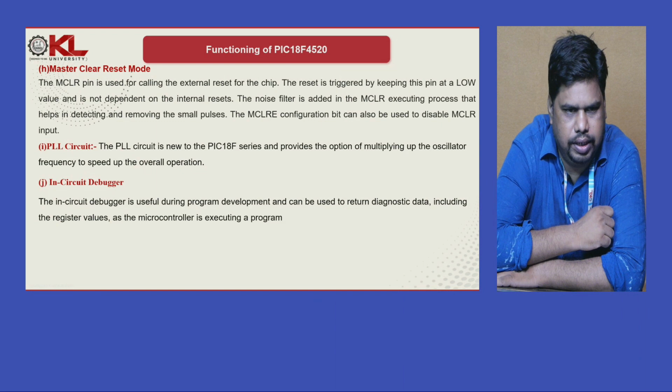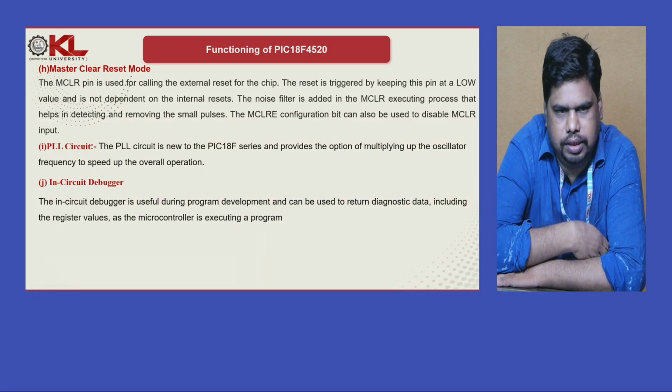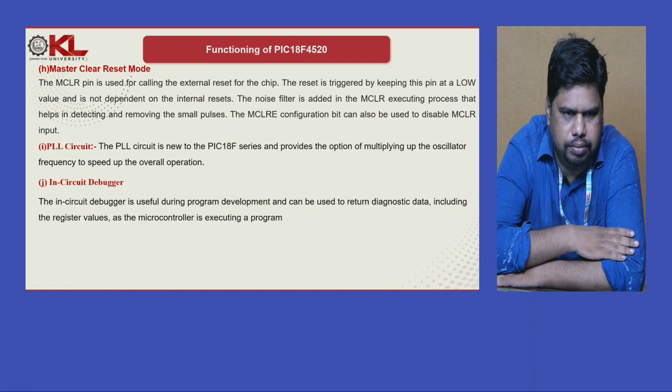Now the PLL, phase locked loop circuit, is new to the PIC 18F series and provides the option of multiplying up the oscillator frequency to speed up the overall operation. You know that this can operate from a frequency range of 0 to 40 megahertz, so variable speed can be achieved with the help of this PLL.